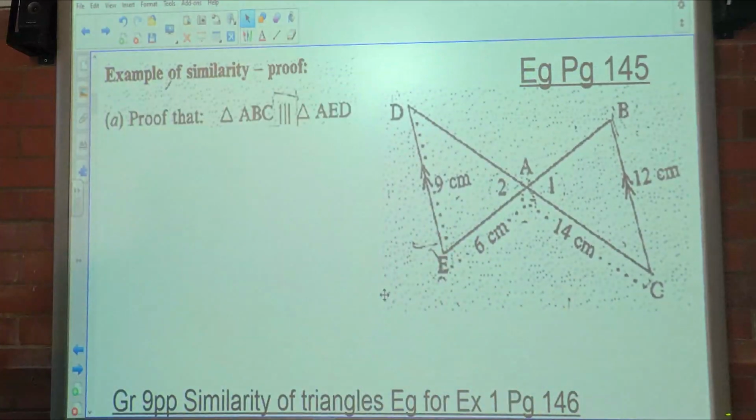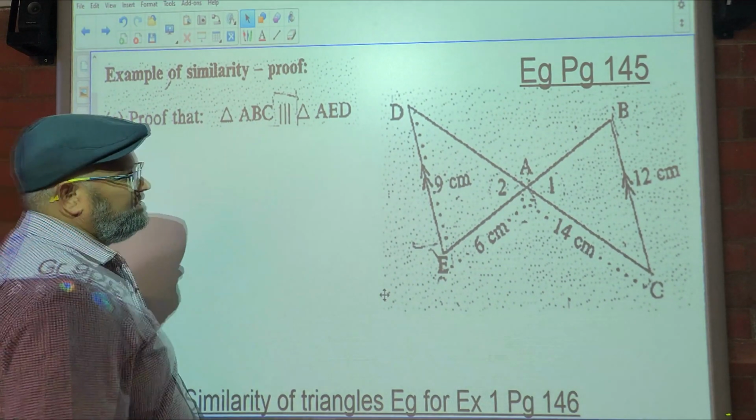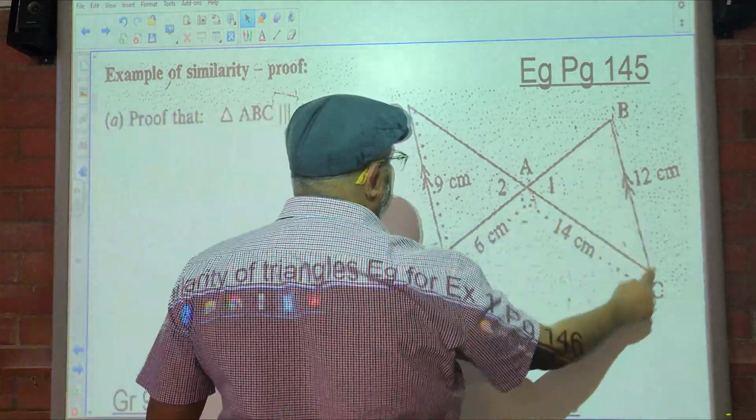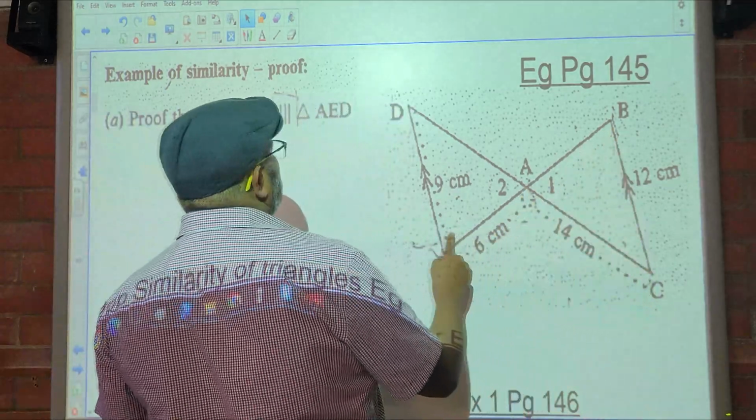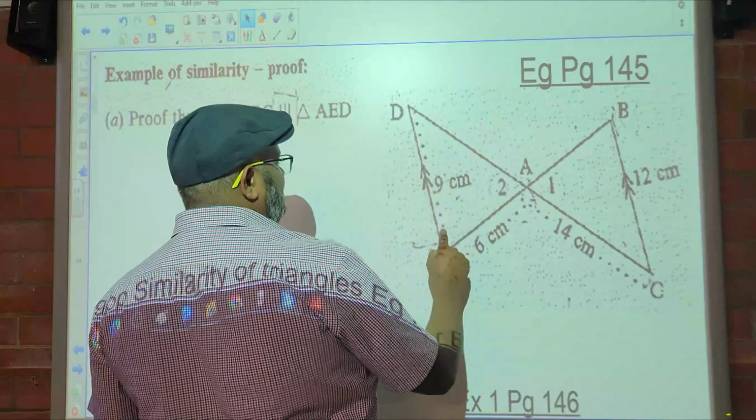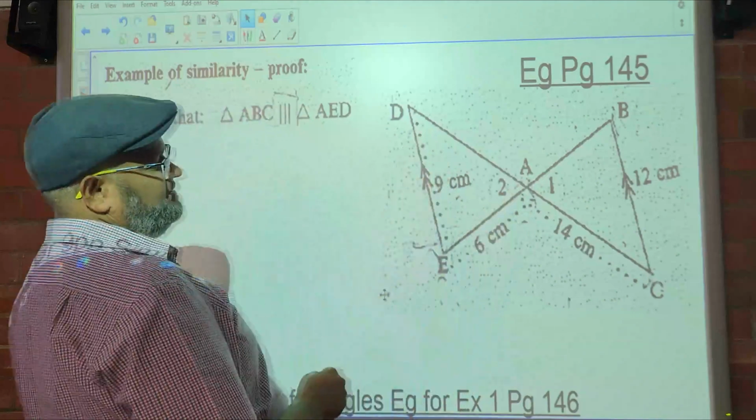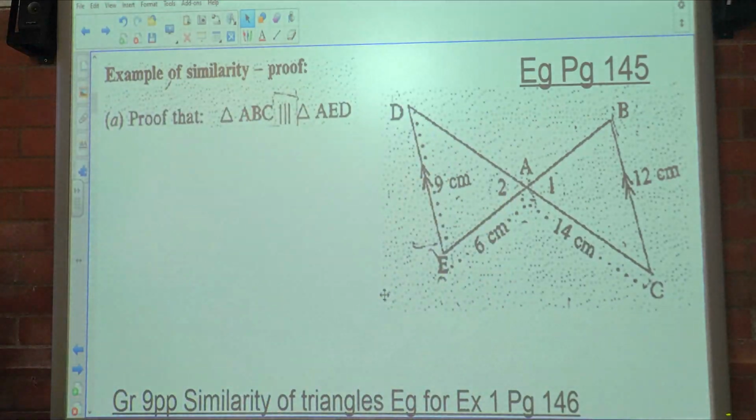You all see? We are told to prove that triangle ABC is similar to triangle AED. So, as we do in similarity and in congruency, we name the triangles we're going to work in.